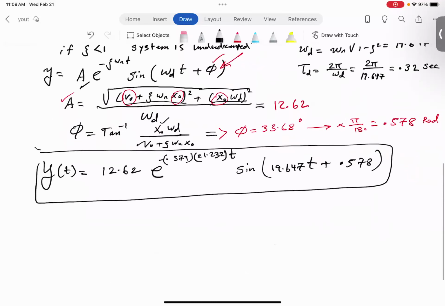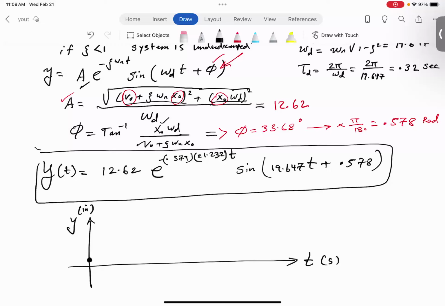How does it look, guys? You probably have seen it in a video. If you plot y as a function of time, let's say this is in inches and time is in seconds, you have some initial displacement, let's say 7 inches, and you have some initial velocity. So it's going to look like this.